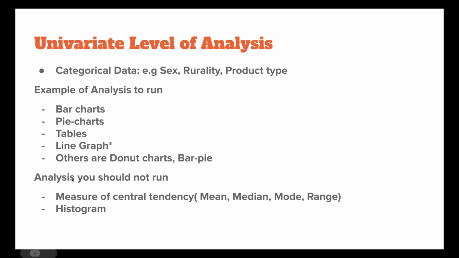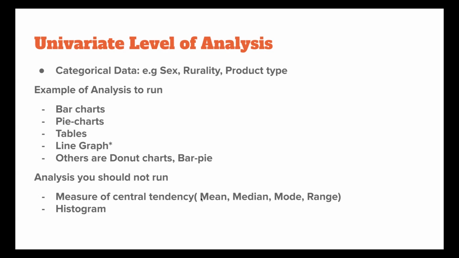So what kind of analysis can you run for categorical data? Not measures of central tendency and not a histogram. For example, what would you mean when you say the mean sex? That doesn't make sense. The mean rurality doesn't make any sense either. Even if you represent sex as 1 and 0, or as 1 and 2, if you add them together, 1 plus 2 is 3, and 3 divided by 2 is 1.5.